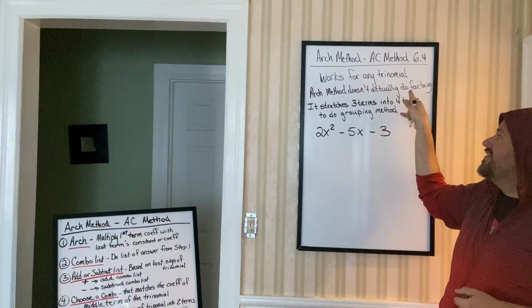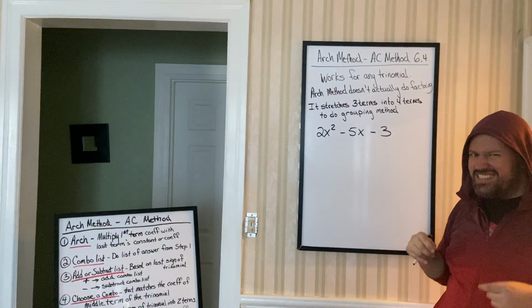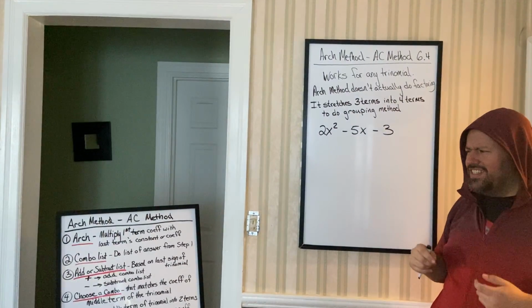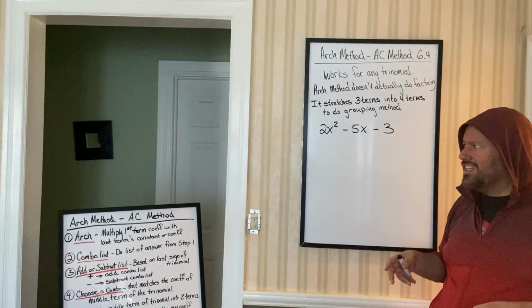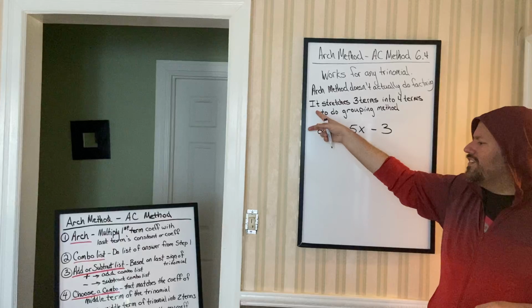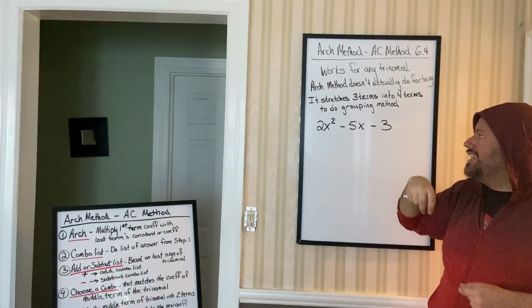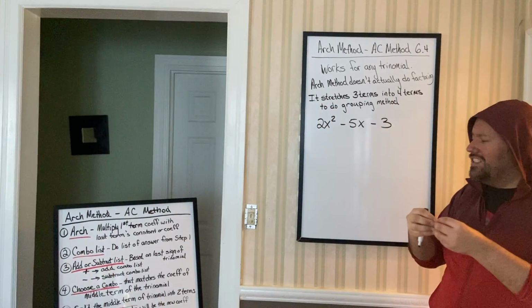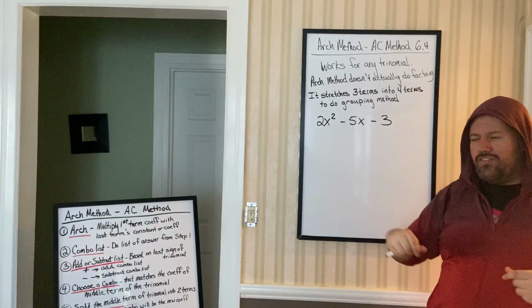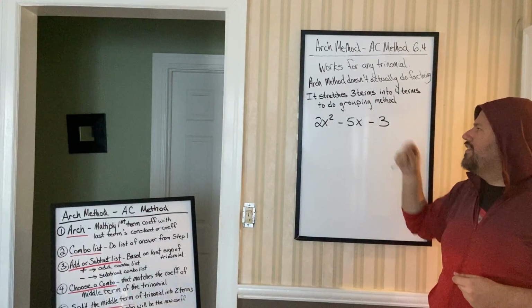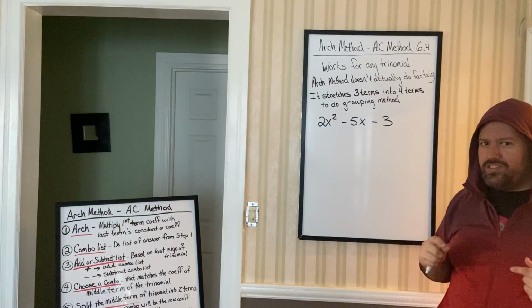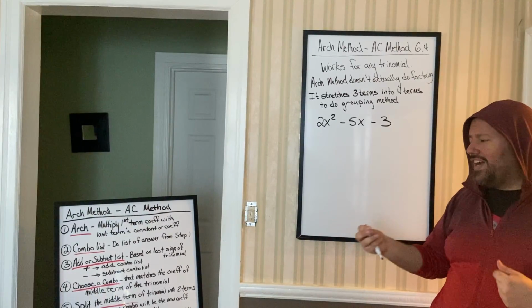ARCH method, in actuality, doesn't actually do any factoring. So you might be saying, well, what's the sense of learning the ARCH method if you're not doing factoring? What the ARCH method really does, all it takes is 3 terms, and it's going to stretch it to a 4-term polynomial. When it's a 4-term polynomial, then we're going to do the grouping method to do actual factoring.